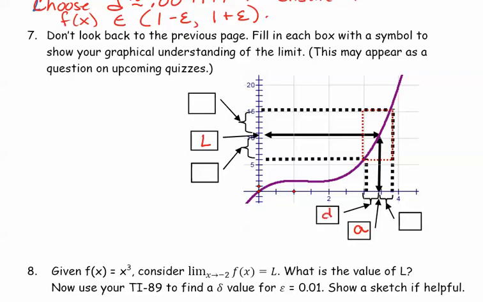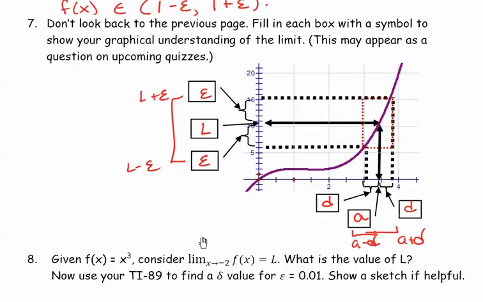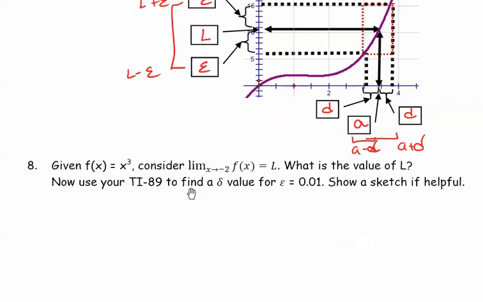We would want to choose a distance delta on either side of a so that if we pick our x value between a minus delta over to a plus delta, we will stay within epsilon units of L. So that would keep us between L minus epsilon and L plus epsilon. So to make sure you understand, delta is the horizontal tolerance, epsilon the vertical tolerance.